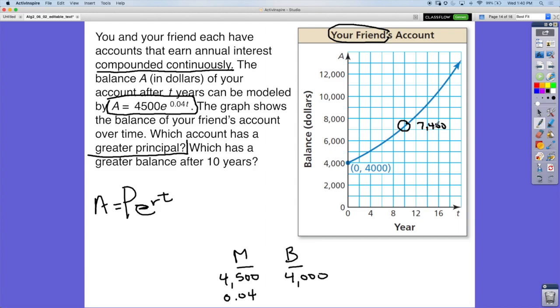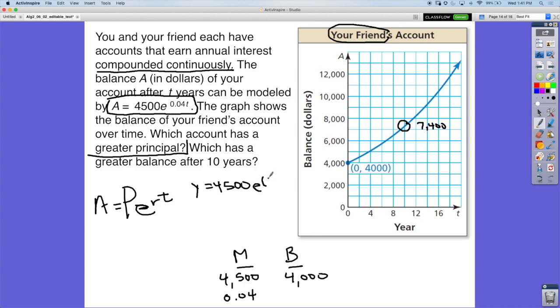Okay, so now we're going to figure out how do you find out what your balance is. Here's what you're going to do. You are going to take this, and instead of T, we're going to put in 10. It's all just a number, and your calculator will give you that number. Take your calculator and plug this in. 4,500, E, make sure you go to e to the x, and make sure you put parentheses there.